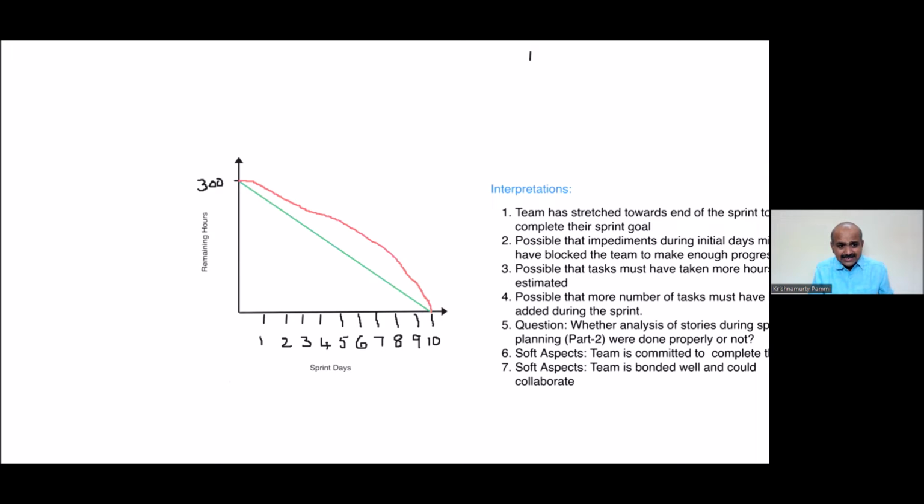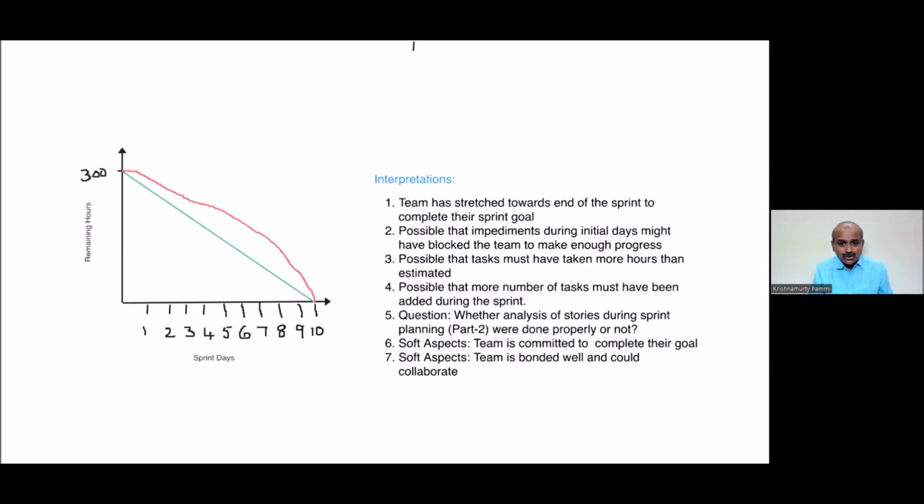Because of that, the team was not able to complete the expected work. Of course, I expect the ideal line, but it's possible that initially the impediments are more and they did not get solved, because of which they are not able to make enough progress.